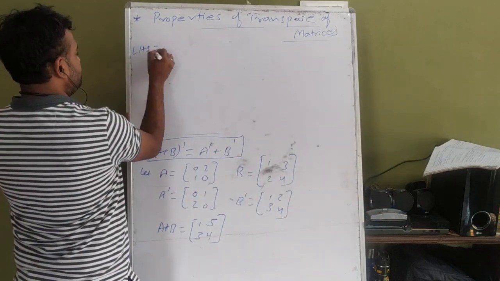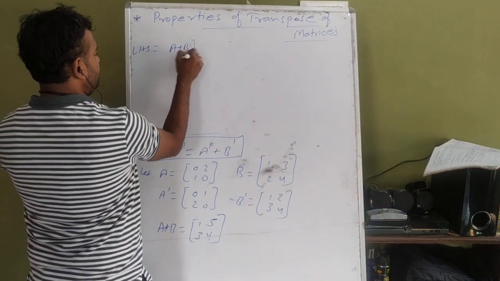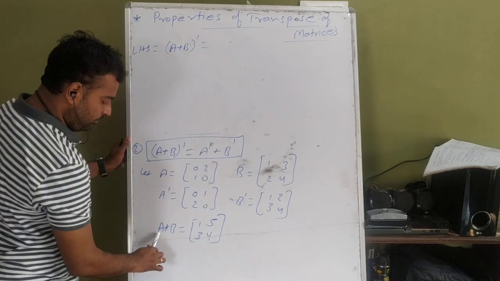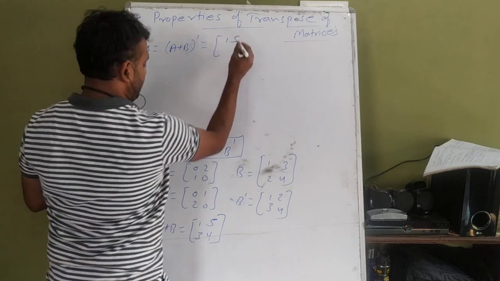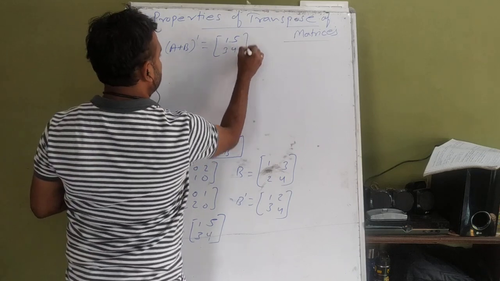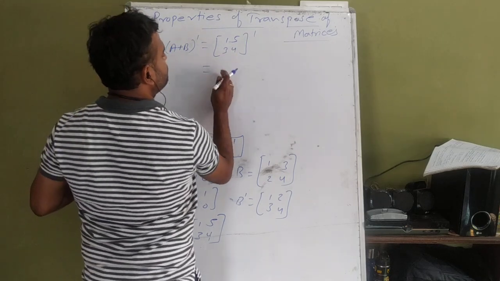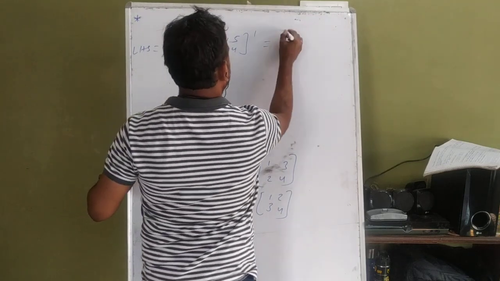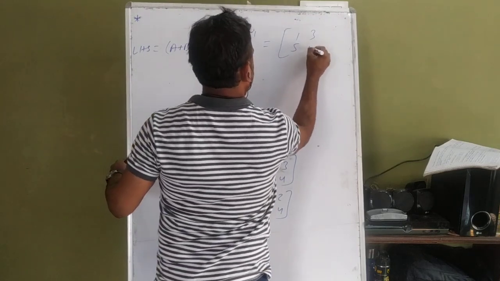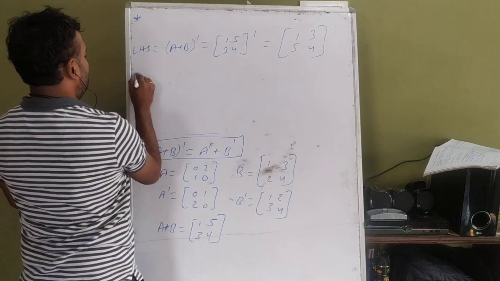What is LHS here? (A plus B) whole transpose. It means [1 5; 3 4] whole transpose, that is equal to [1 3; 5 4].